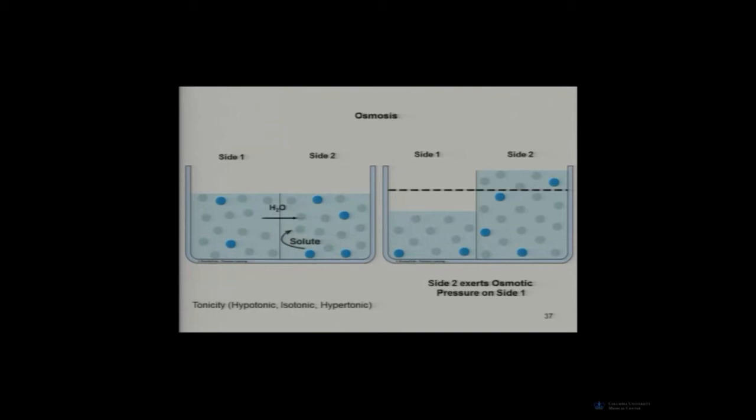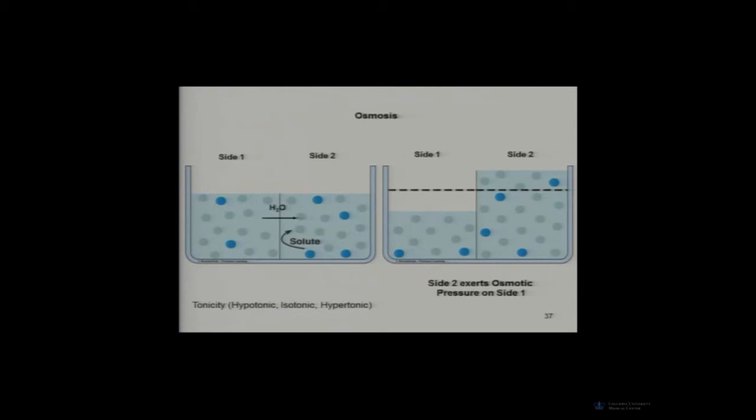So if we're looking at the left side of the slide, so that we've got side 1 and side 2, we've got the light blue circles and the dark blue circles. The light blue circles can cross the membrane. Because they can cross the membrane, they're going to diffuse, and then they're going to evenly distribute.